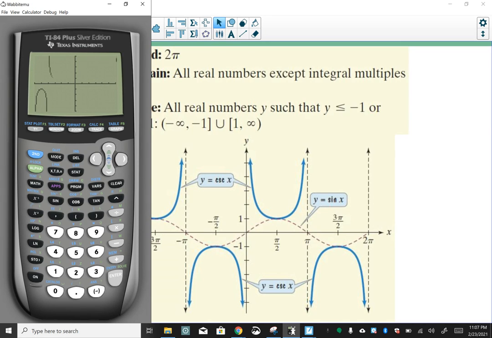So now you can see just the U formation of how this actually works. But you get this by drawing the sine graph first and then drawing your asymptotes at every place that the sine graph crosses the x-axis. And then you just create your U's from there.